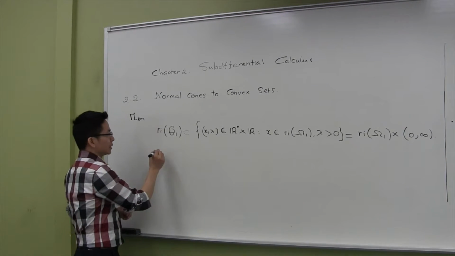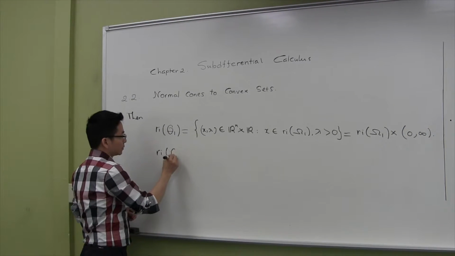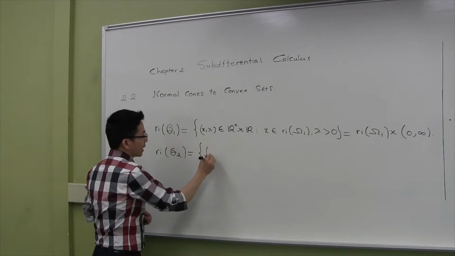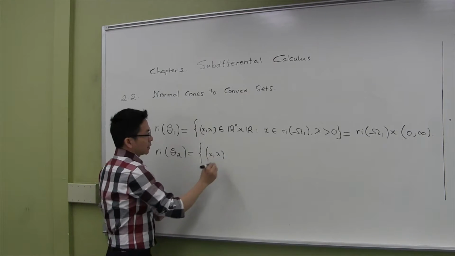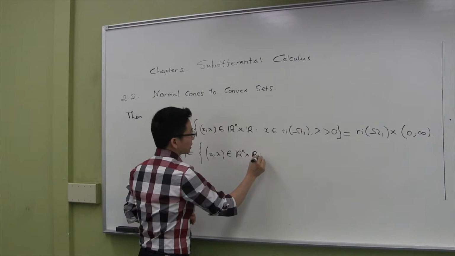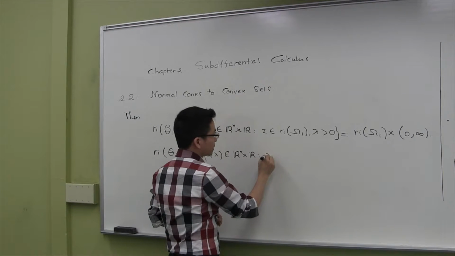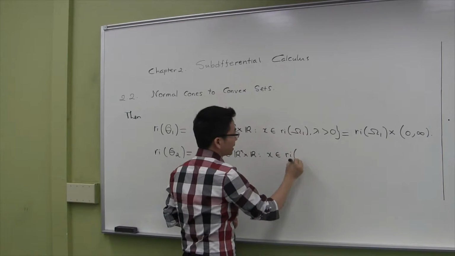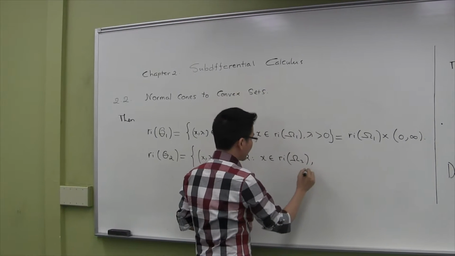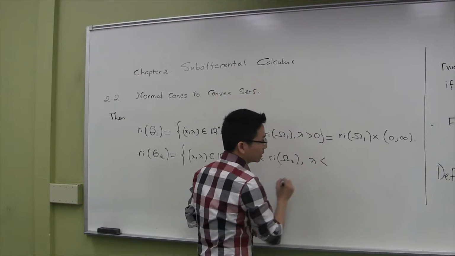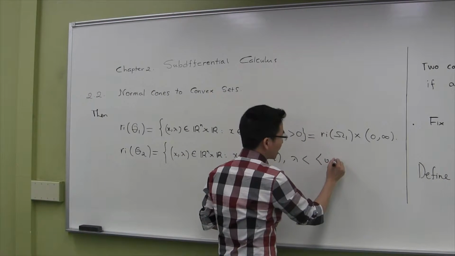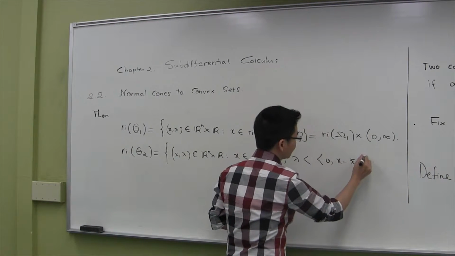And the relative interior of theta 2 contains all (x, lambda) in Rn times R such that x belongs to the relative interior of omega 2 and lambda is strictly less than the inner product of v and x minus x bar.